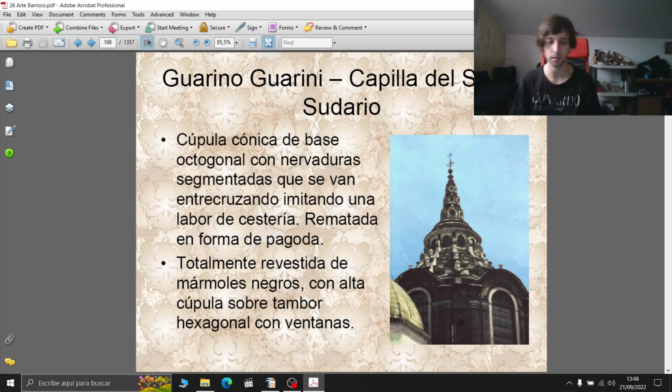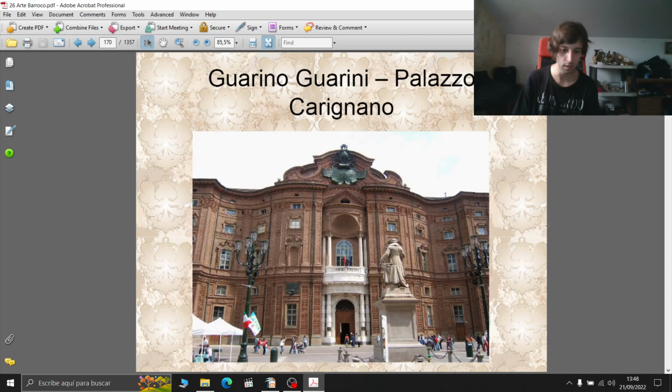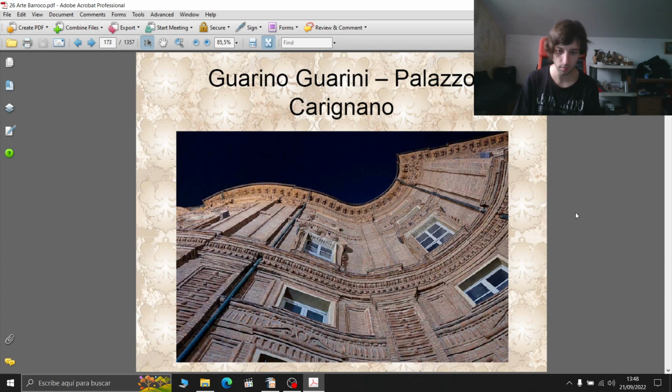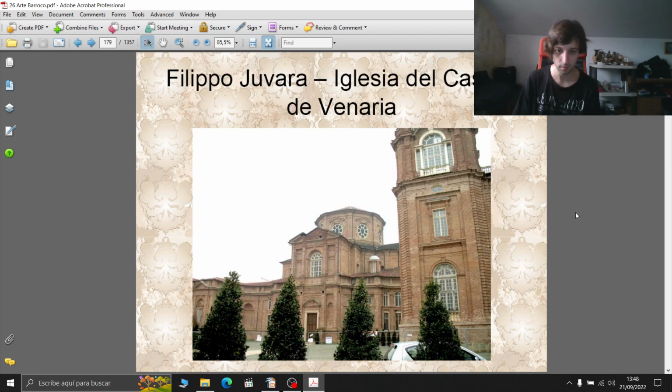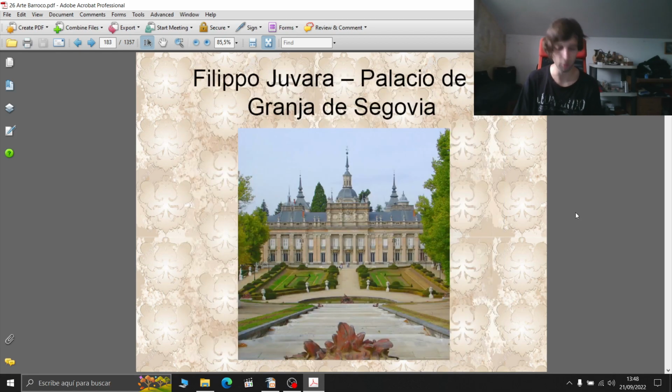This one, the Chapel of the Holy Shroud, Palazzo Carignano. Now the others.